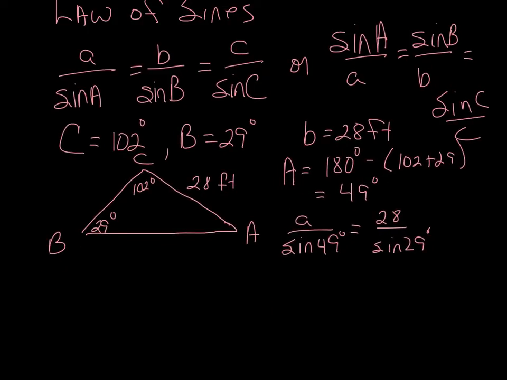In fact, I need to check my calculator because we go back and forth, and I am in radians. Okay, so to find A, we're going to multiply both sides by the sine of 49 degrees and then divide by the sine of 29 degrees. And what did you get?